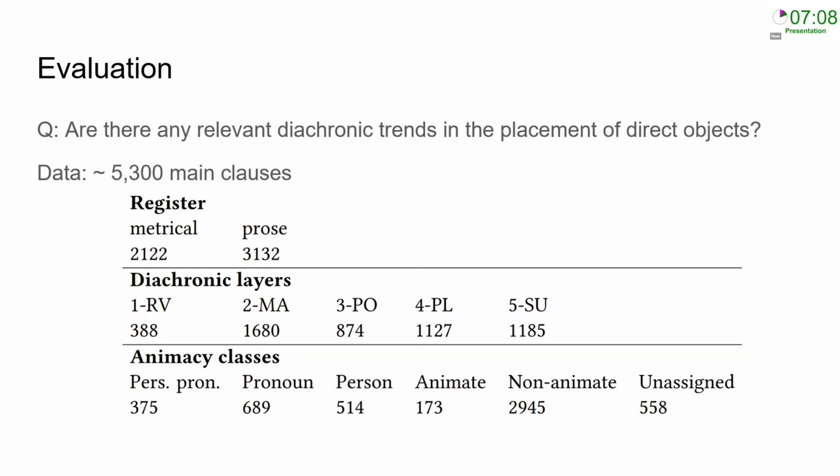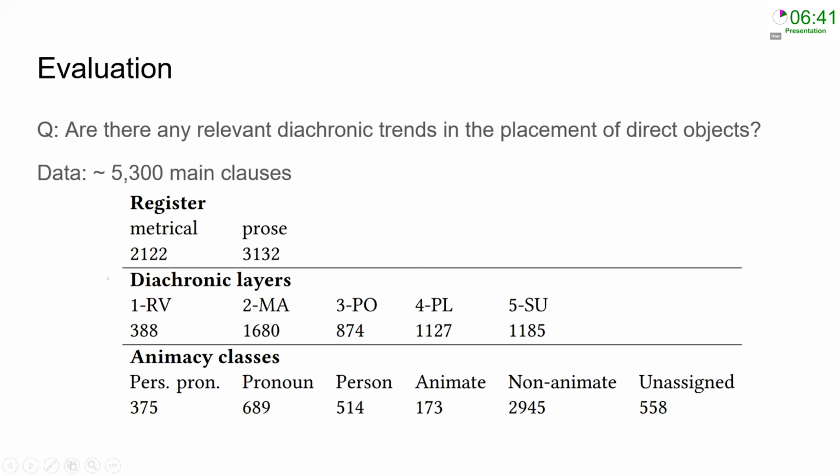And we assigned each of these constructions to one of 5 diachronic layers in a system that is based on previous research by Witzel and Kümmel. And we also determined the animacy type of each object using word semantic information from the DCS. This was relevant because many scholars claim that animacy influences the placement of words in a sentence.